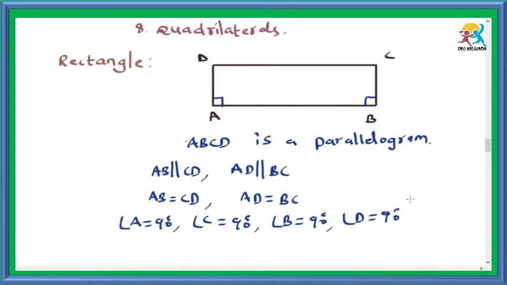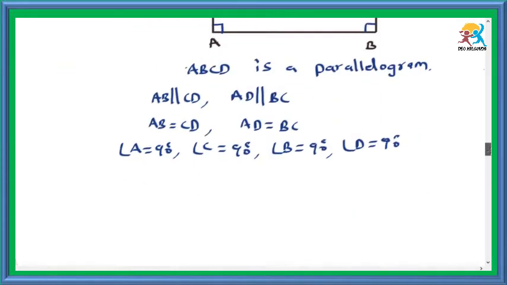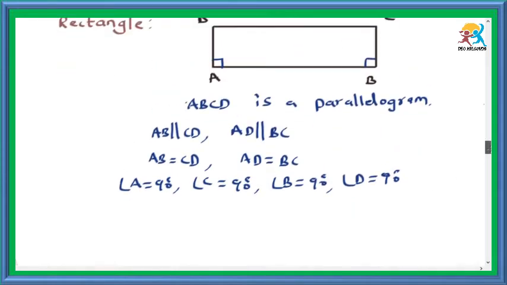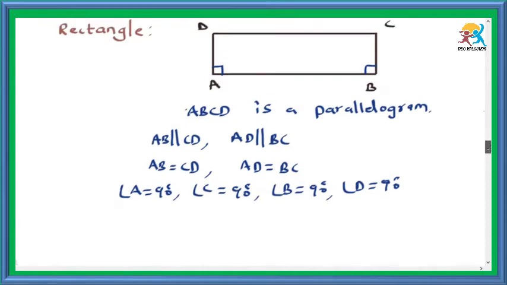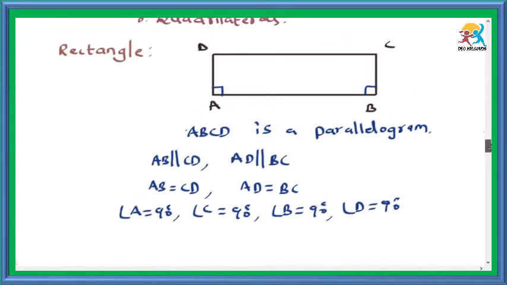Here what happened, actually ABCD is a parallelogram. In this parallelogram, if one angle is 90 degrees, then it will become a rectangle.